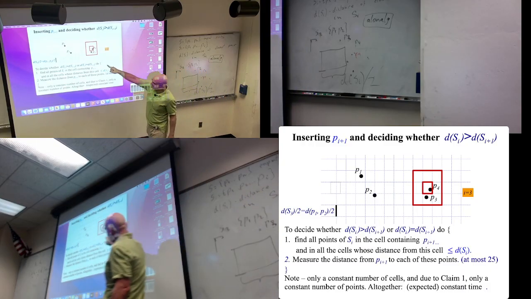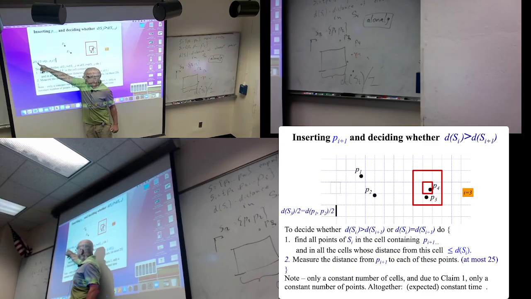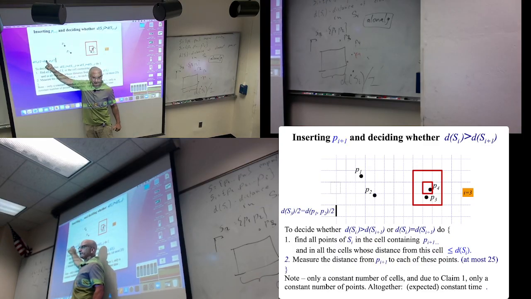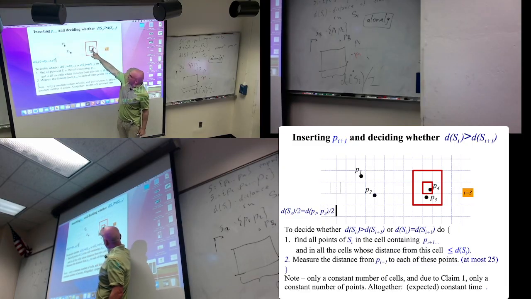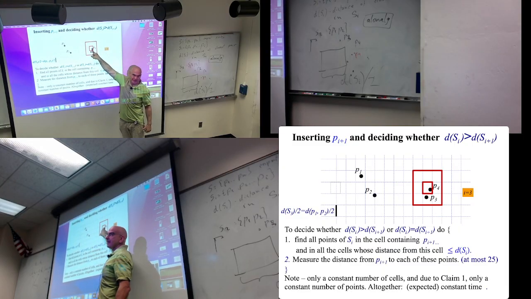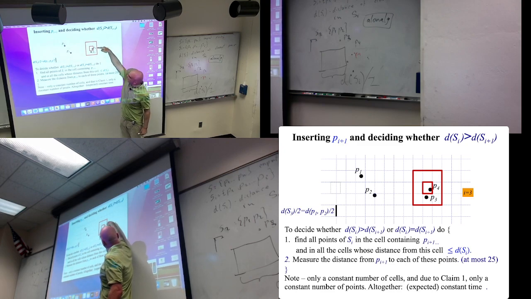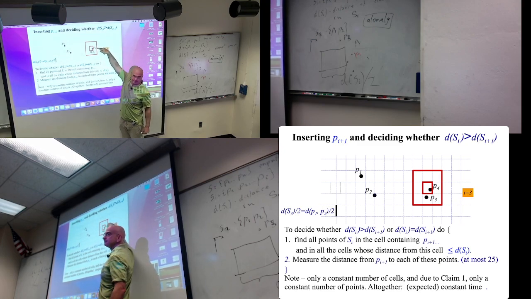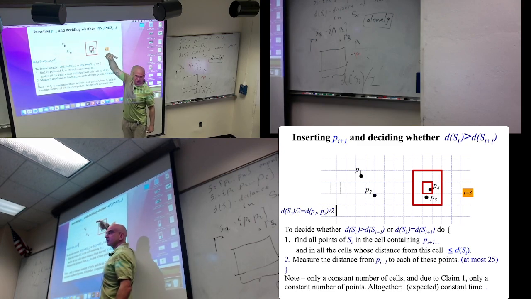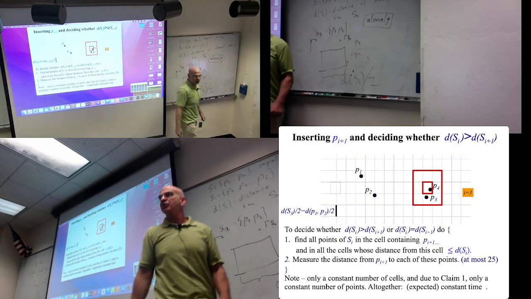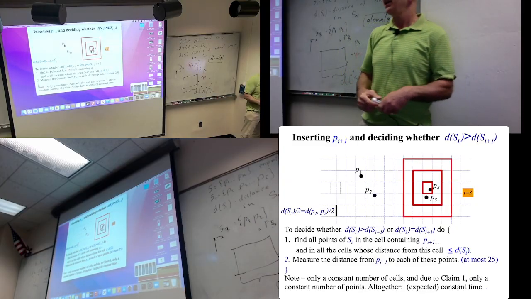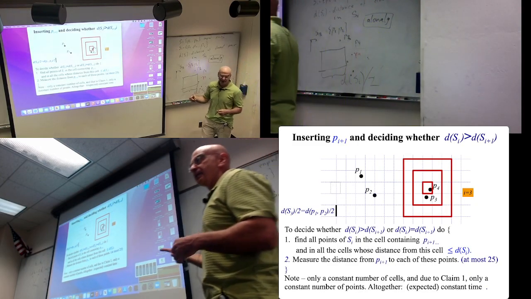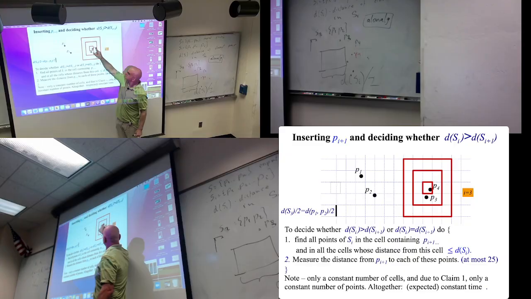Remember, the grid size is d(S3) over 2. So theoretically, if P4 is close to the edge and P3 would have been just here, then it can also create a new closest pair. So I need to check also the 25 neighbors, every cell that is 2 hops away.